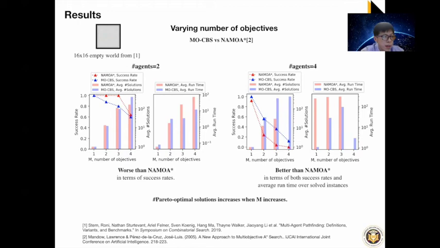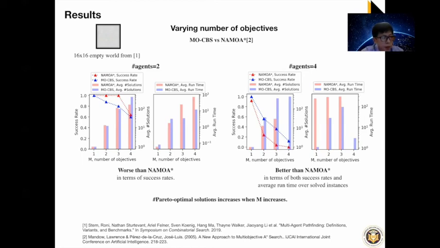Here, we fixed the number of agents and changed the number of objectives from 1 to 4. In this test, we use an empty world of 16 by 16 size. On the left, with 2 agents, MOCBS performs worse than the baseline in terms of success rates.